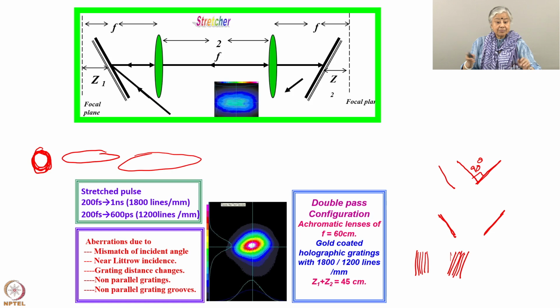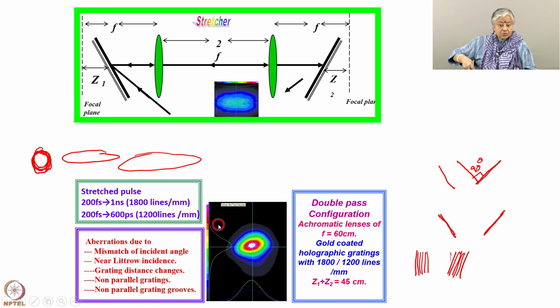Your diffraction angle becomes more and more. Okay. But the downside is what I have given here. If you take 1800 lines per mm, you will get 200 femtoseconds to say 1 nanosecond. And if you take 1200 lines per mm, you will get 200 femtoseconds to 600 picoseconds only. The desired one is 1 nanosecond, but you are getting 600 picoseconds.